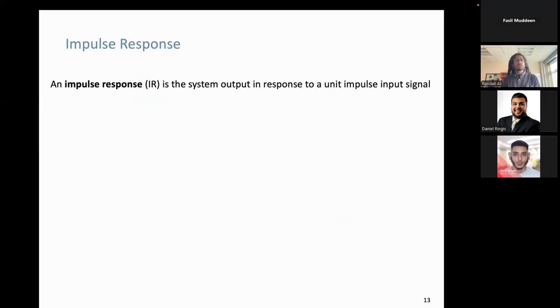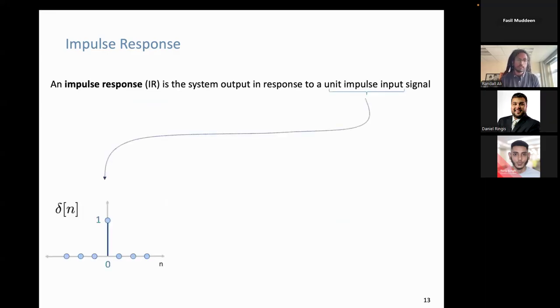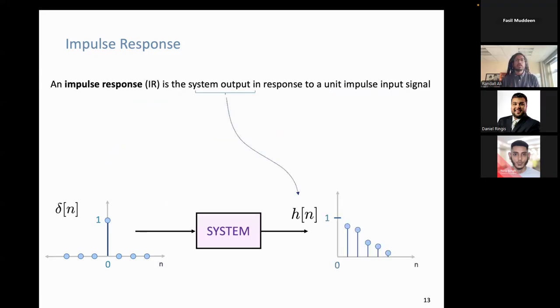Now, if we want to look at particular systems and understand their behavior, what we can look at is something called the impulse response. So the impulse response is the output of any system in response to a unit impulse input signal. What do I mean by that? This delta function, which is a value of 1 at n equals 0, and 0 elsewhere, we apply that to a system and we get some output.